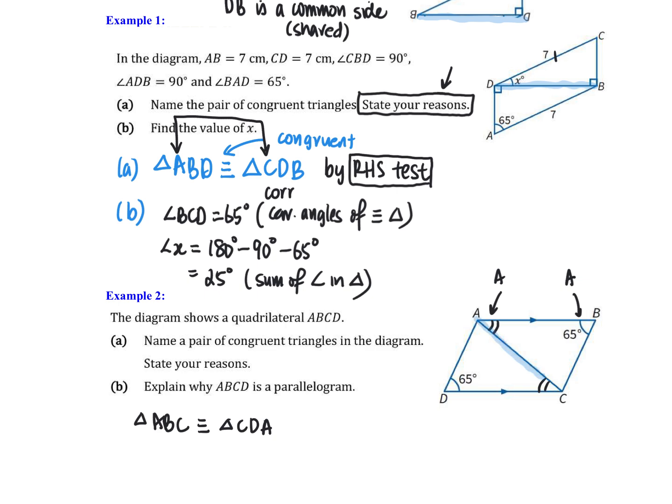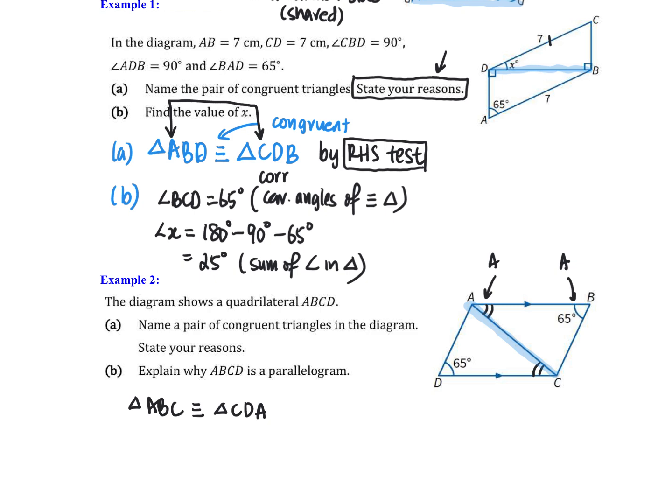This is the common side they share, and it is not on this line. So it's A, then S. There's no SAA, so AAS test. This is the reason they want, but you have to prove it.